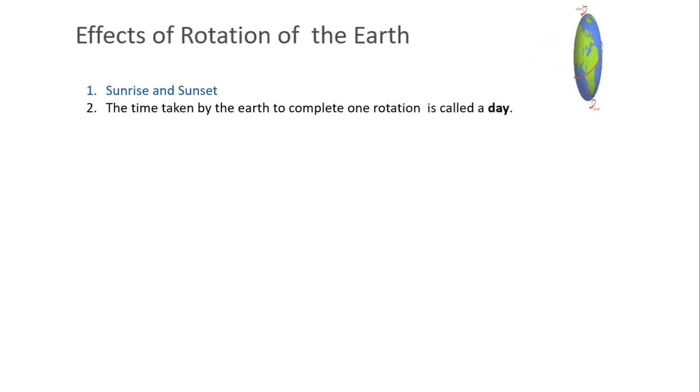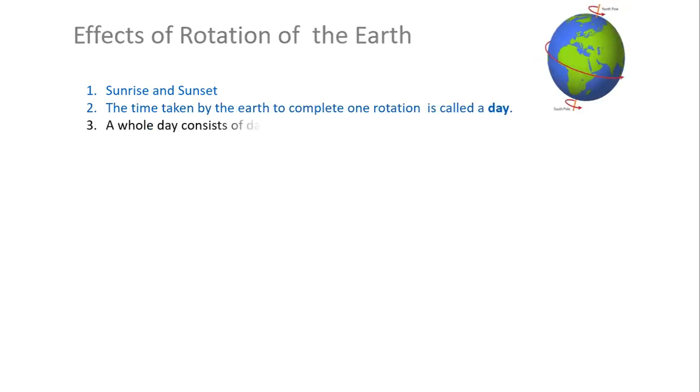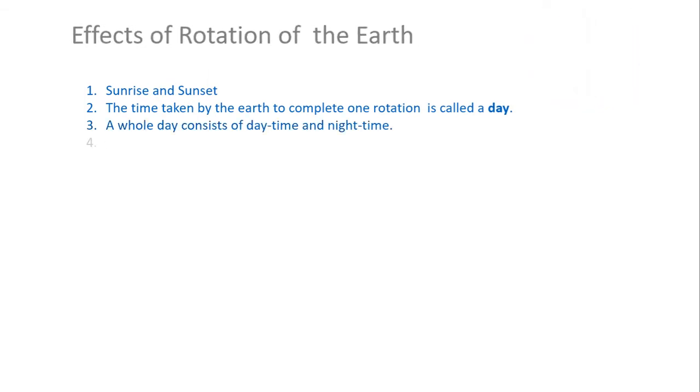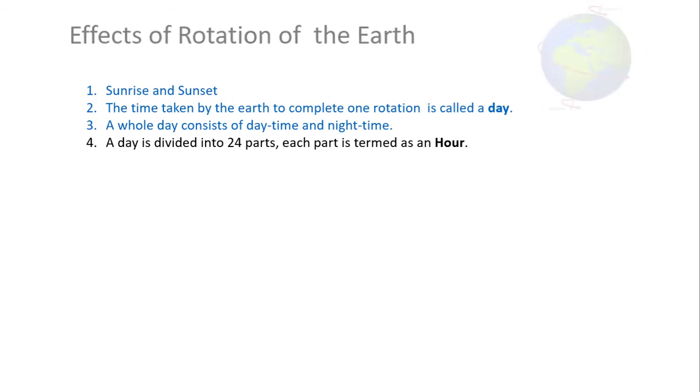Number 2, the time taken by the earth to complete one rotation is called a day. A whole day consists of daytime and nighttime. A day is divided into 24 parts and each part is termed an hour.